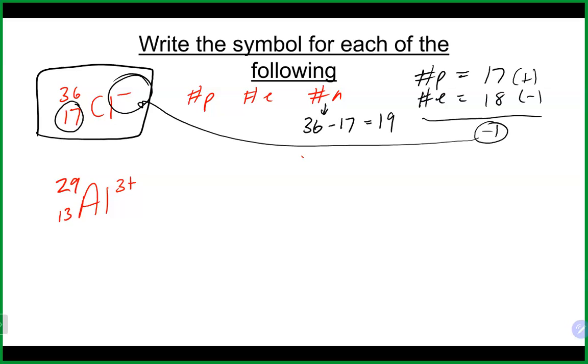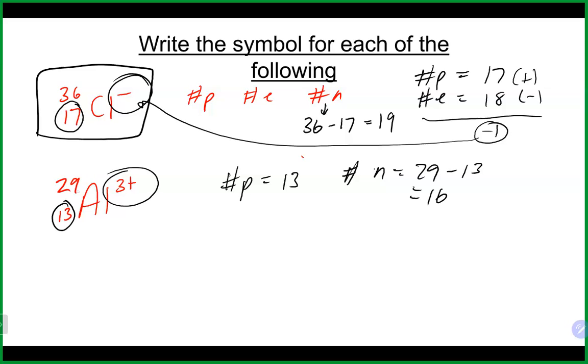All right, look at the bottom one there. That's aluminum. We got 13 for our atomic number, which means 13 protons. Neutrons here, once again: 29, which is our mass number, minus 13, is 16. Sounds good. And again, we can just analyze what we're looking at. I see a plus charge, which means it has lost electrons, and the 3 means it has lost 3 electrons.